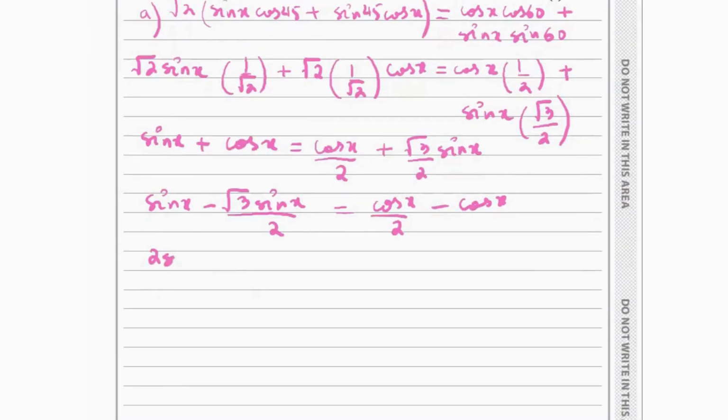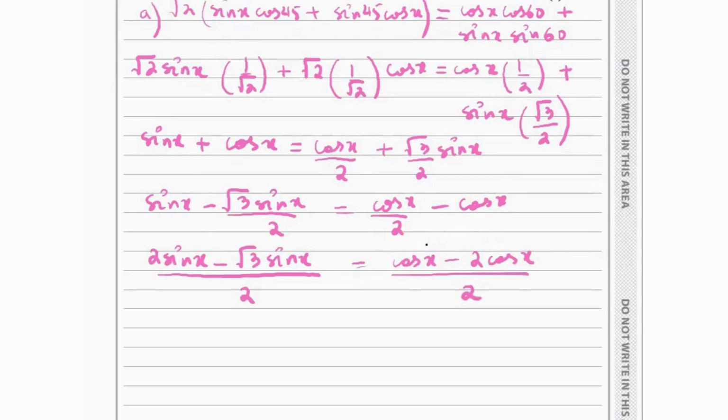That's 2 sine x minus root 3 sine x divided by 2 equals cos x minus 2 cos x over 2. That's 2 sine x minus root 3 sine x equals negative cos x.